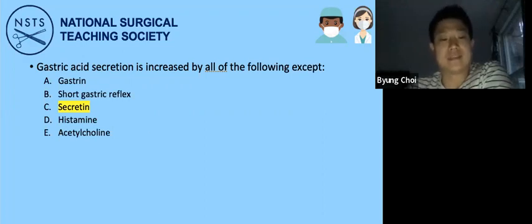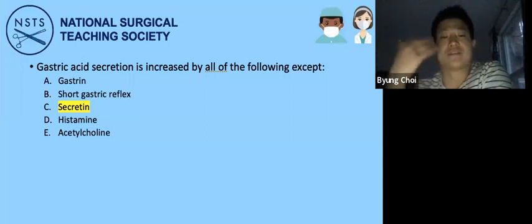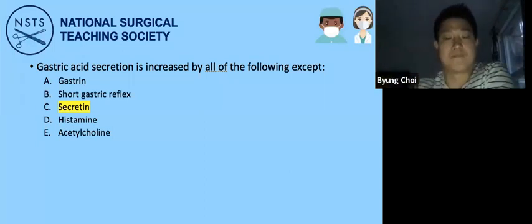And it is C, secretin, that doesn't increase it. I mentioned somatostatin. The 3 main hormones that inhibit gastric secretion are secretin, cholecystokinin, and somatostatin. Those are the 3 that don't increase gastric acid secretion.